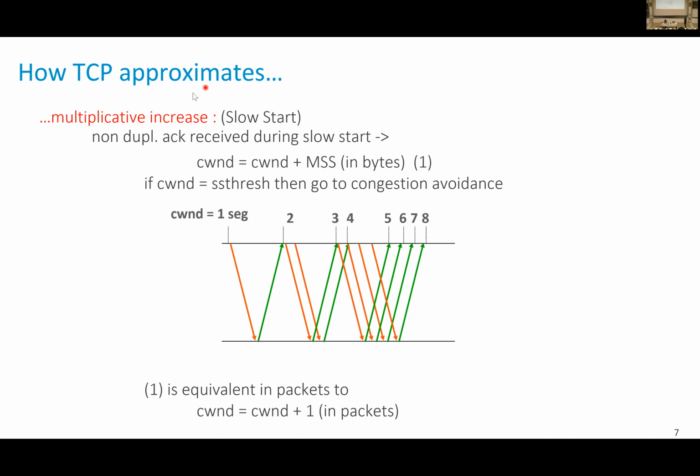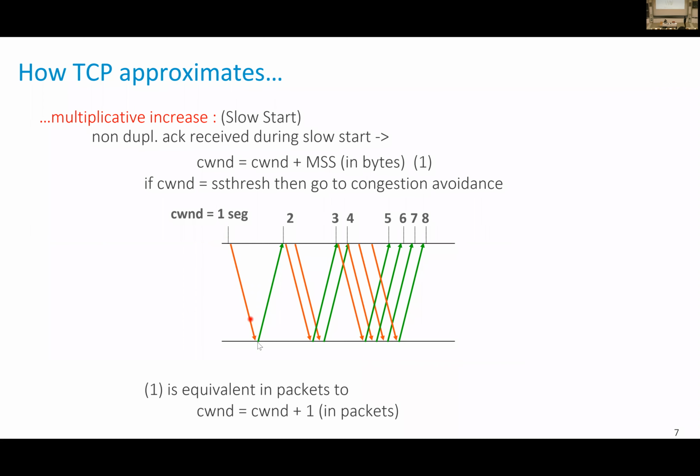So we've seen AIMD. Now, when you do slow start, we need to do multiplicative increase. And multiplicative increase is implemented in a very similar way, having this formula here that says whenever I receive a new acknowledgement, I increase by one packet, which has this effect here.